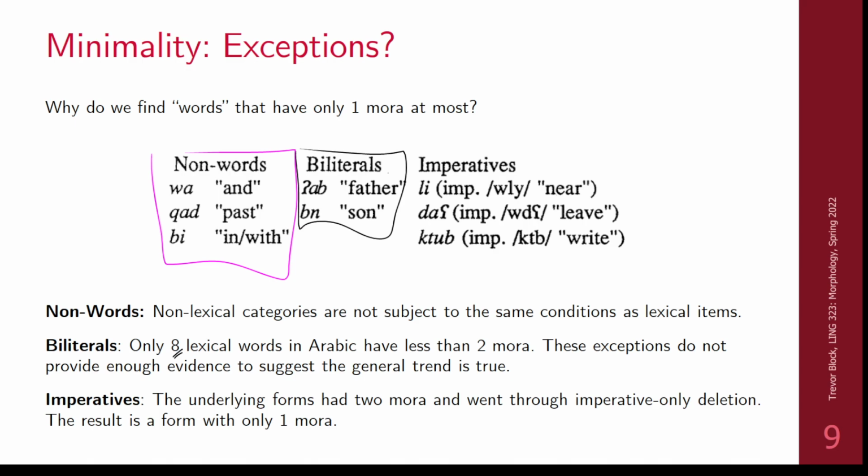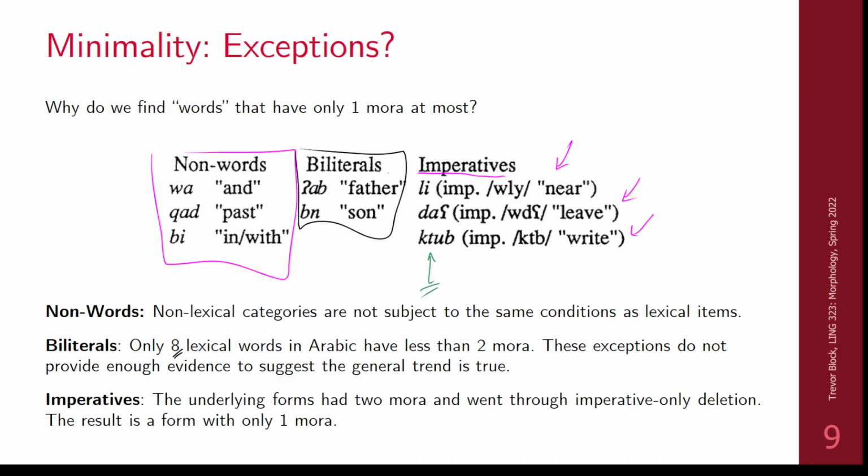And the final one is imperatives, these are commands, usually, in English. So the underlying form, for instance, comes from LWY. It comes from WD in this sound. It comes from KTB. These words originally had two mora. But then through some deletion, mora have disappeared and we end up with our imperative forms.